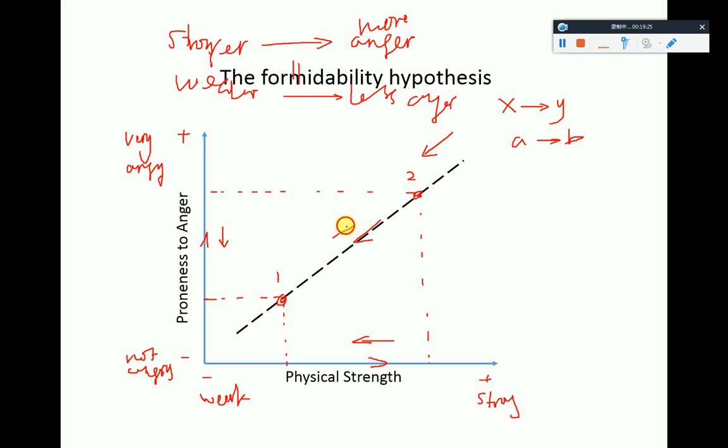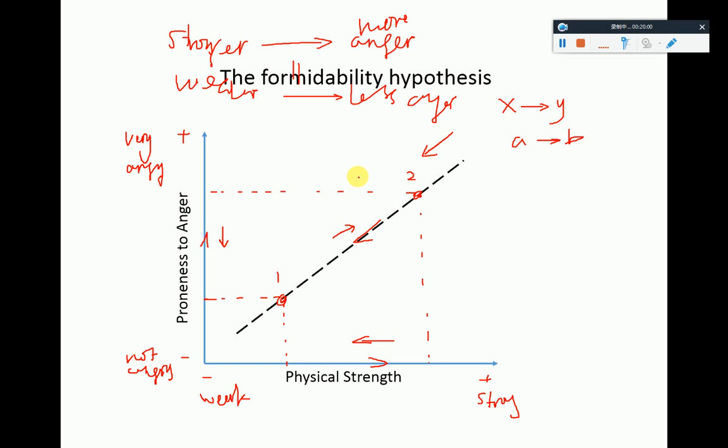And if we interpret this line in the upward direction, we're talking about this hypothesis. And this hypothesis and this hypothesis are equivalent. So that means as long as the line is upward tilting, then it doesn't matter in which direction, upward or downward, we interpret this line, it represents the same hypothesis. Okay? Does that make sense? I hope it does.